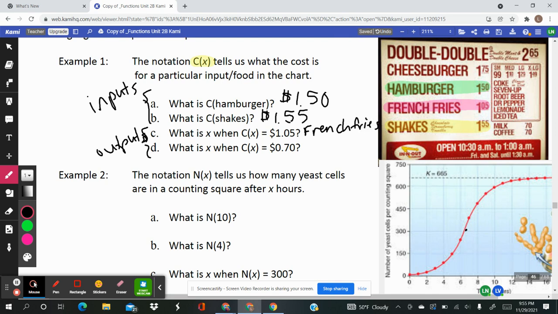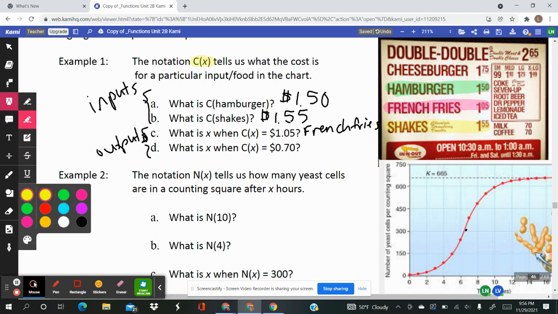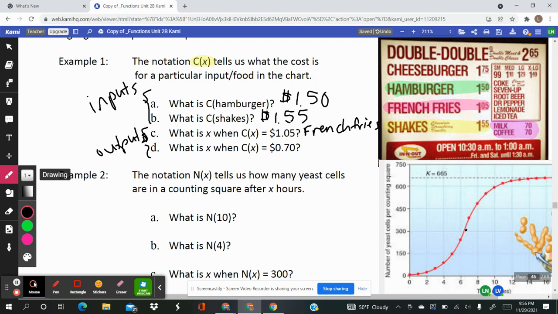So then for letter D, what is x when the cost is 70 cents? Well, this one might be a little bit more challenging to find just because it doesn't pop up immediately. But when you look off to the right, you've got milk and coffee. That just says 70. That's referring to 70 cents, not $70. So when you're paying 70 cents, that's going to be either milk or coffee.